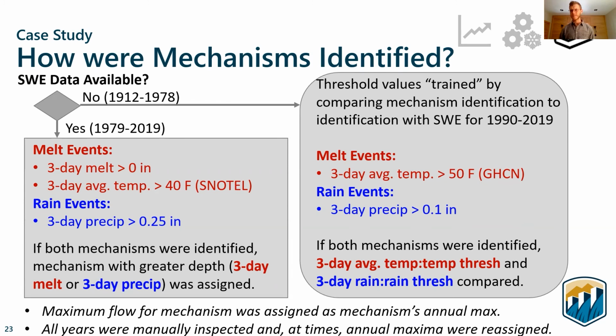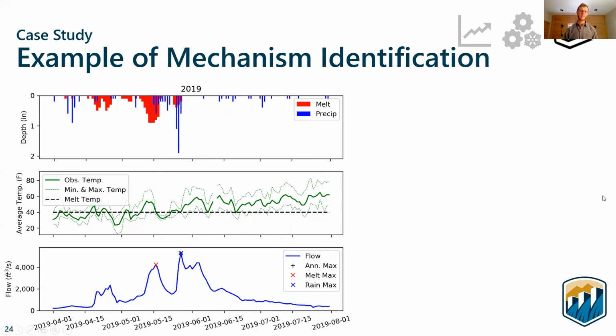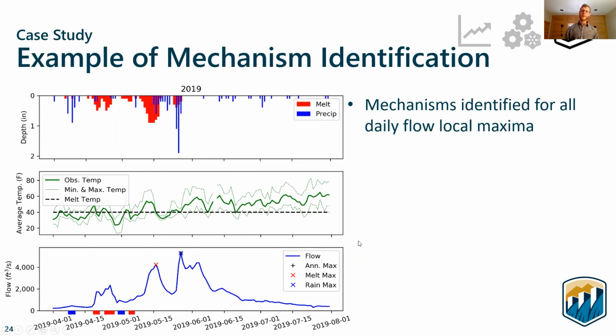And so what does this actually look like? Here's an example. For this year, we've got our depth of precip and melt in the top panel. Then we've got our temperature data through the middle, and then we've got our actual flow data in the bottom. And so mechanisms were identified for all the daily flow maxima. So you can see down here, these bars, each time there was a peak, a mechanism was assigned.